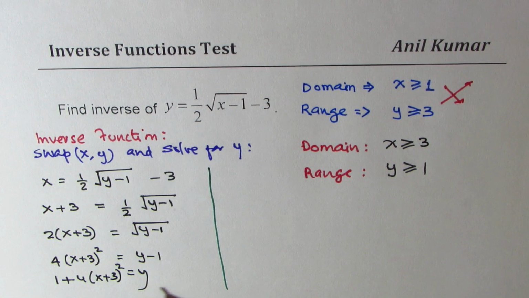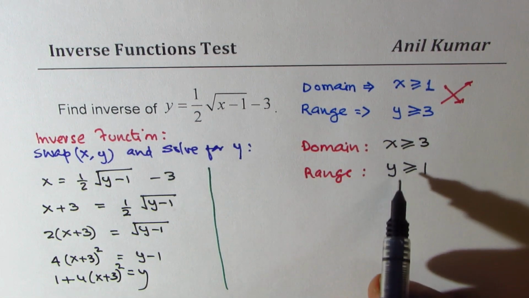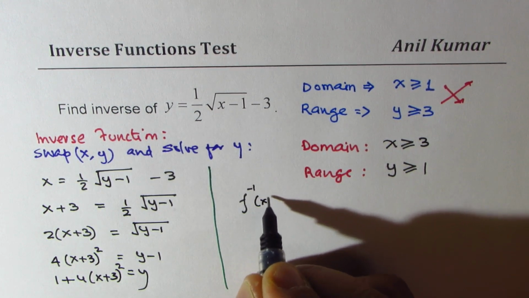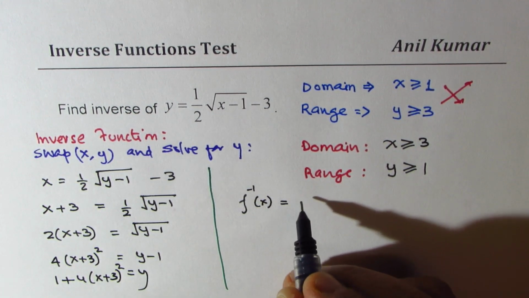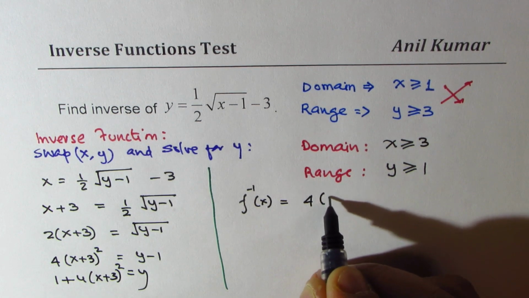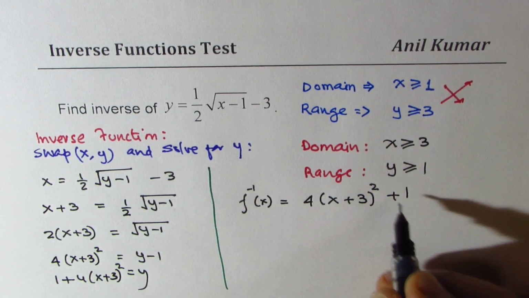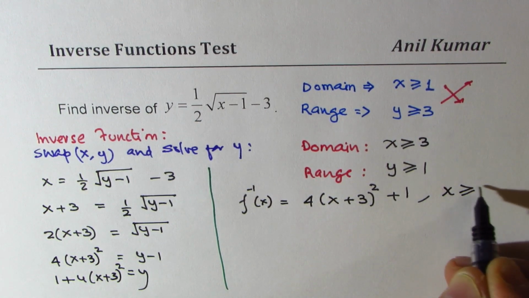Now this is a function since we have restricted the domain and range. So we'll write the inverse of the function as 4 times (x plus 3) whole square plus 1, where x is greater than or equal to 3.